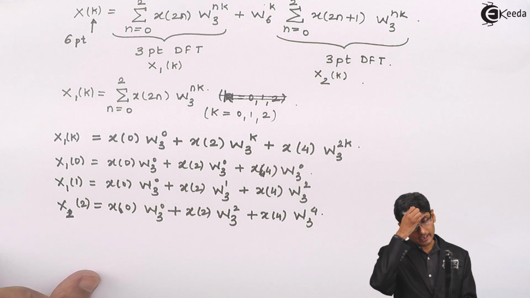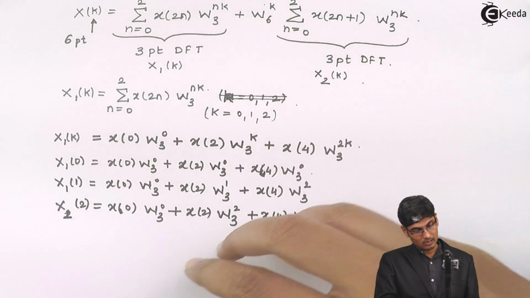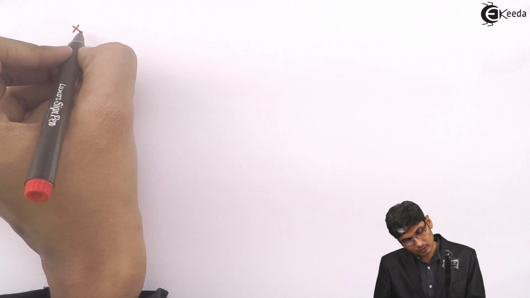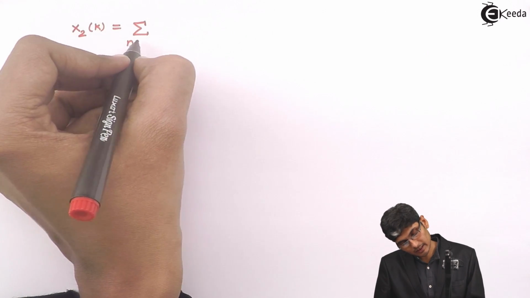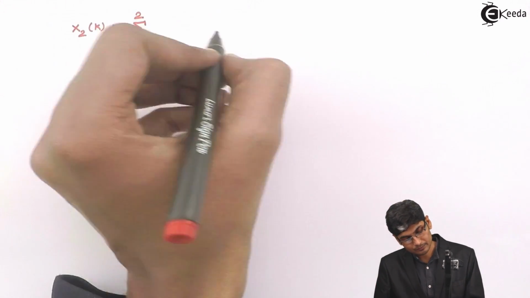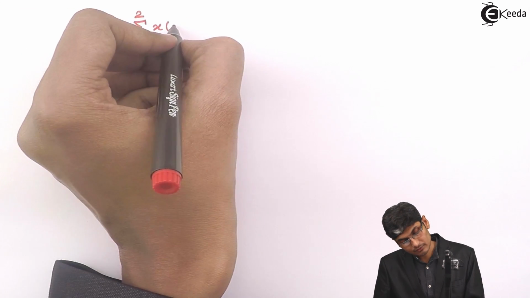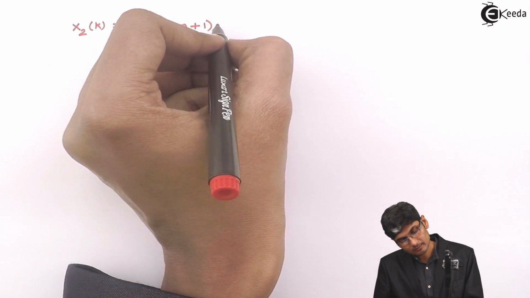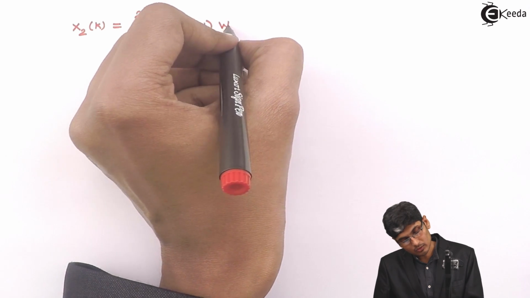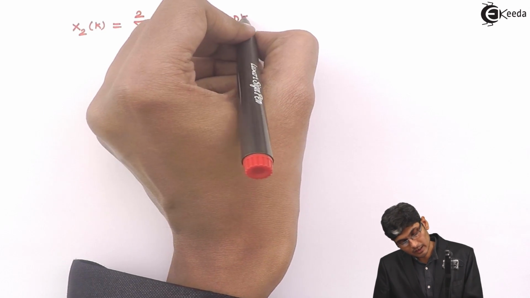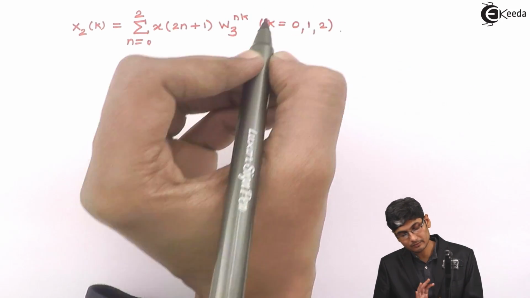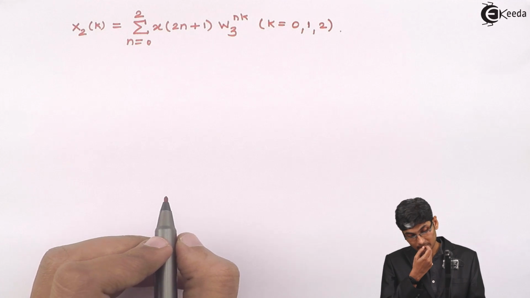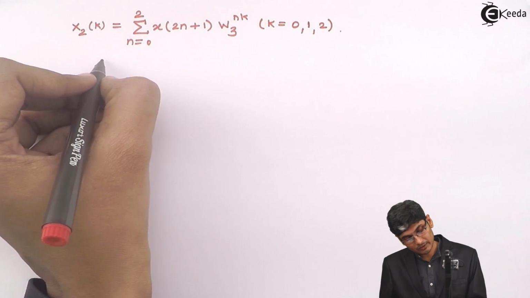In a similar way, let us write for X2 of k. For X2 of k, I am going to get summation n equal to 0 to 2 of x of 2n plus 1 W3 raised to nk, and my k is going to be 0, 1, 2 only. Now let us open with respect to n.